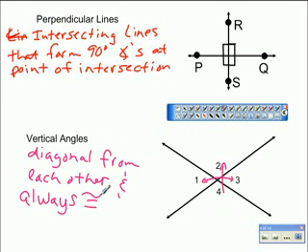It's very useful when we get into finding missing angles for parallel lines and things of that nature.